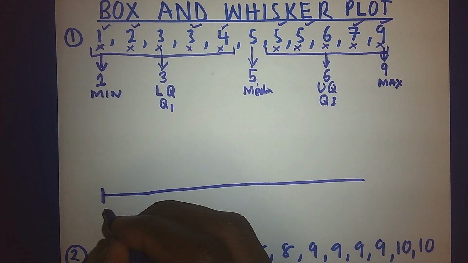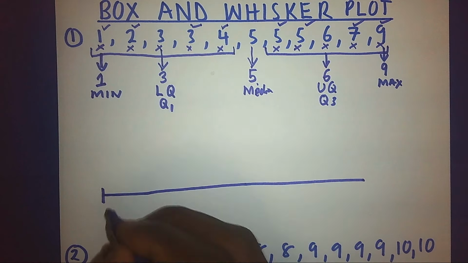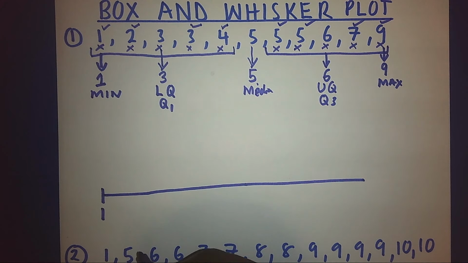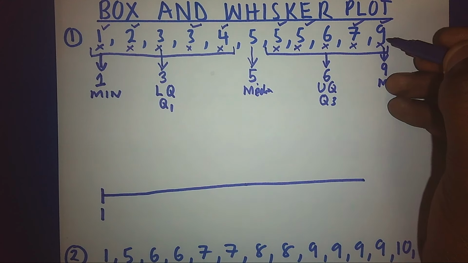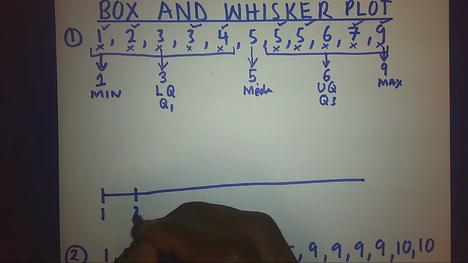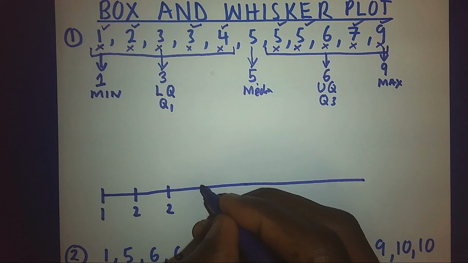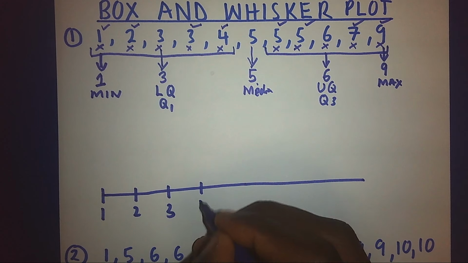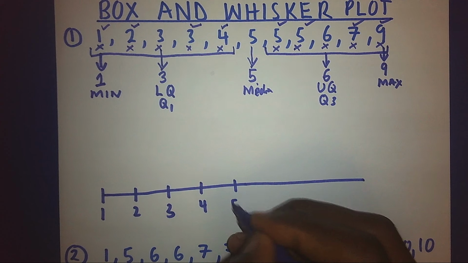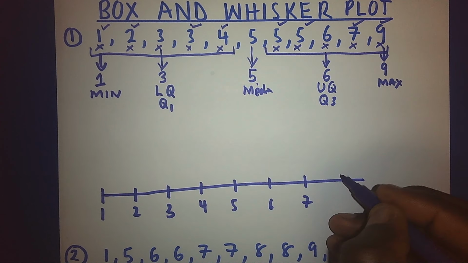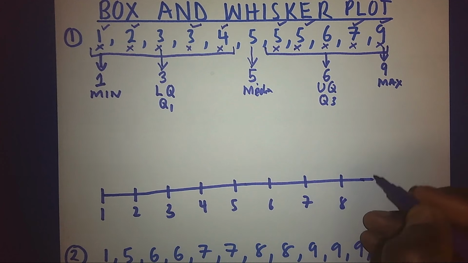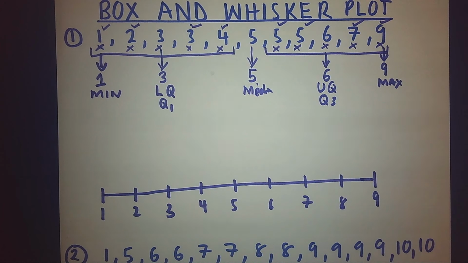Since our small data is 1, we can just start from our small data, and we ensure that our number line contains the biggest data. 2, 3, 4, 5, 6, 7, 8, and 9. So once you have the number line, we can plot now.